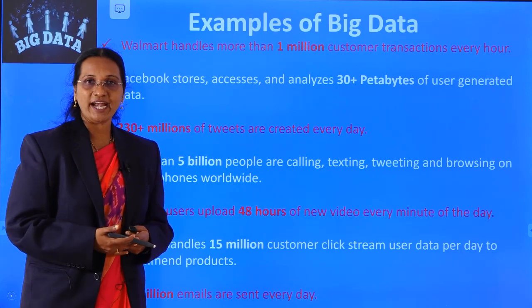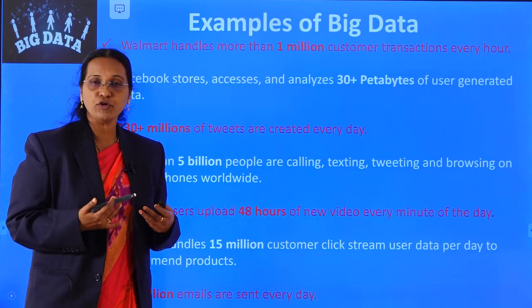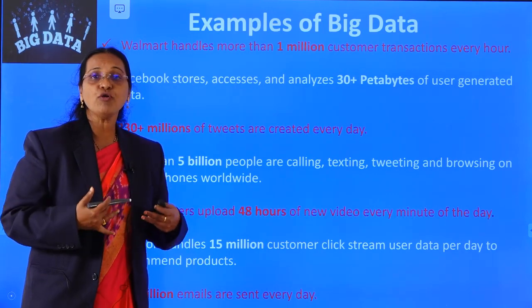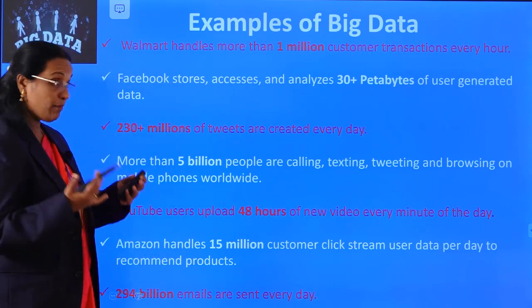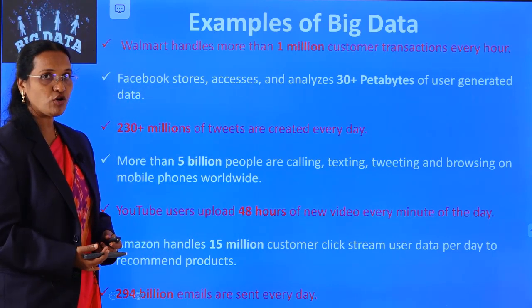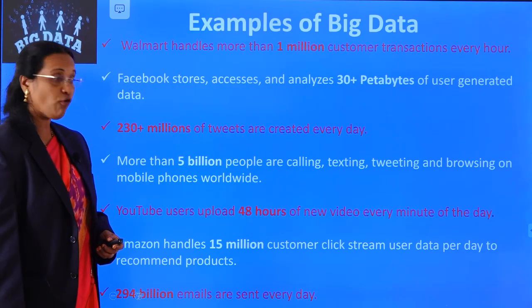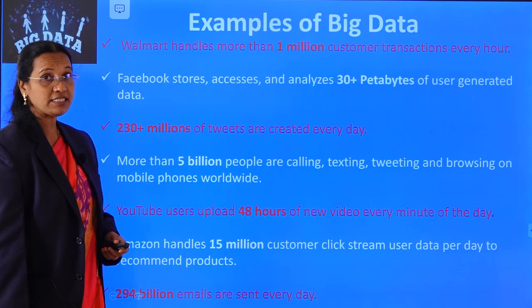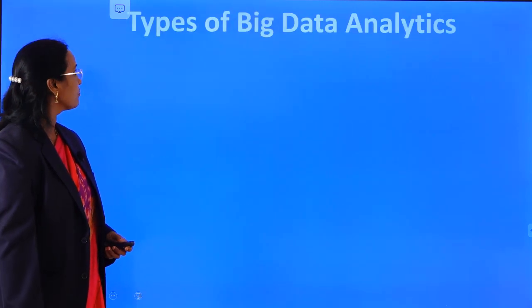In order to meet the pandemic situation and to teach online, we need to make YouTube videos. So this YouTube also has created a large amount of big data. Amazon is generating a large amount of big data. Every day nearly 294 billion emails are sent. So these are all large amounts of big data.